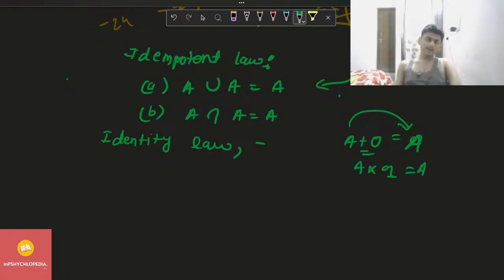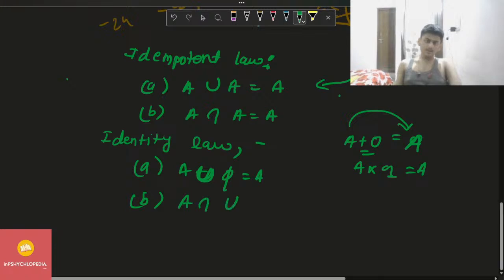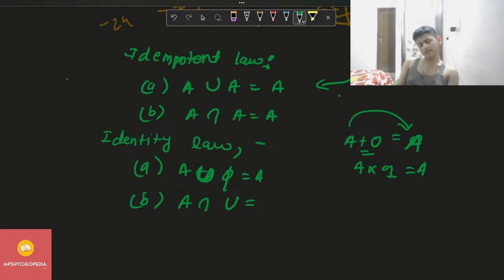Here for sets, for union, the identity set is the empty set, because A union the empty set is A only. Then comes intersection. For intersection, the universal set in any case is the intersection identity. So these two are identities.